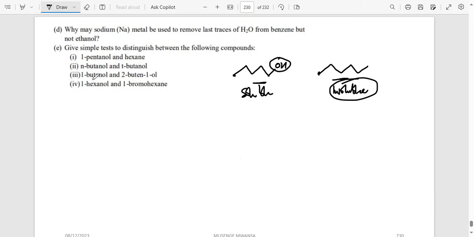And then for the next one, N-butanol and T-butanol. When you look at these two structures, N-butanol: one, two, three, four, five carbons, and then it has got an alkyl functional group. That's N-butanol. T-butanol is like tert-butanol, something like this.